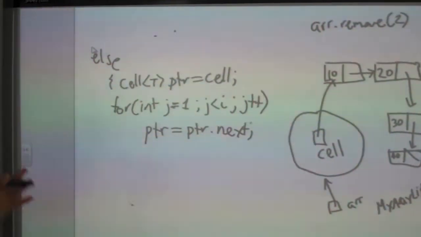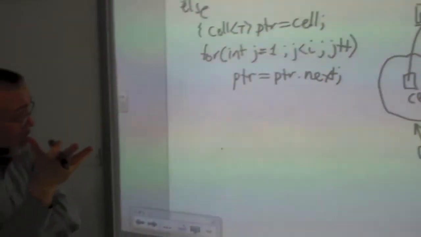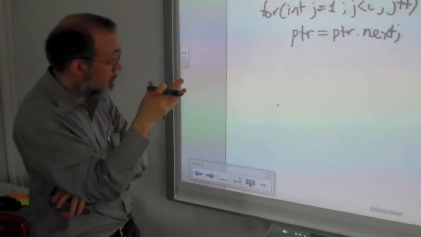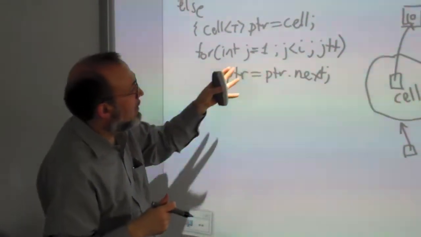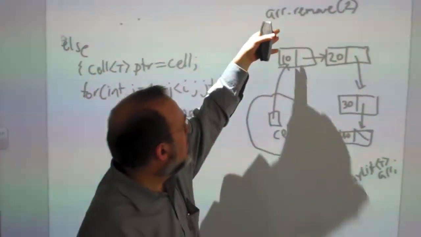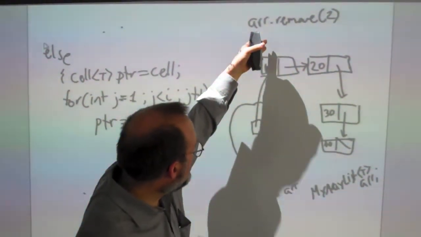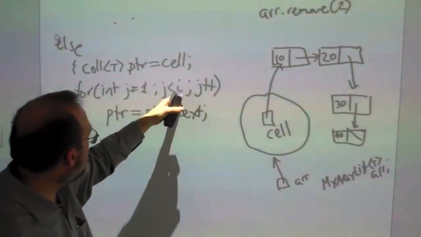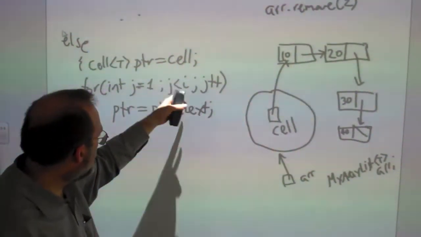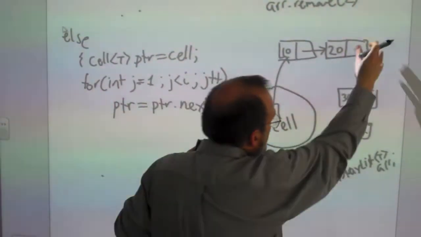Again, I get it wrong, I think about it, I need to crack my code. Okay, now, if I is 2, the pointer will start at the cell and move down once, because J is 1 and J is less than 2, we'll go down once, and then that will get us pointed to the right place.